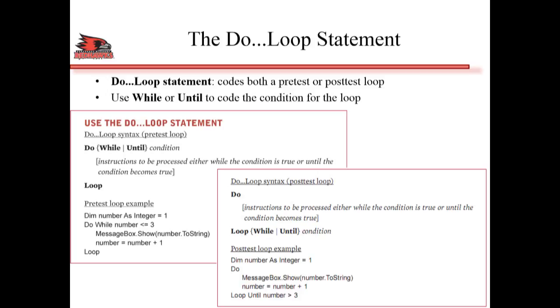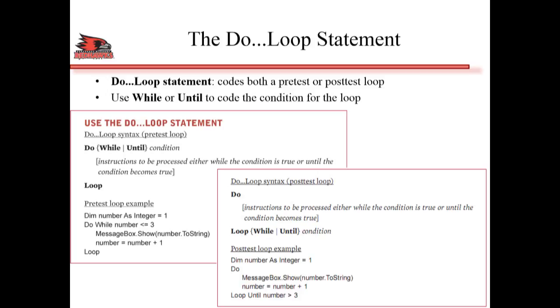before processing any instructions. So we either check using a while, or we check using an until. While some condition is true, the instructions are processed, until the condition is false.